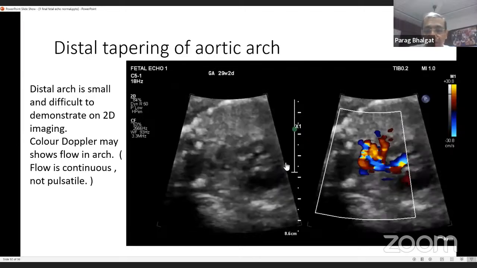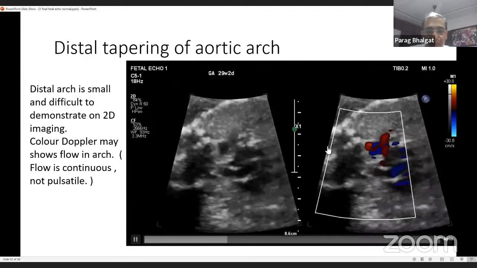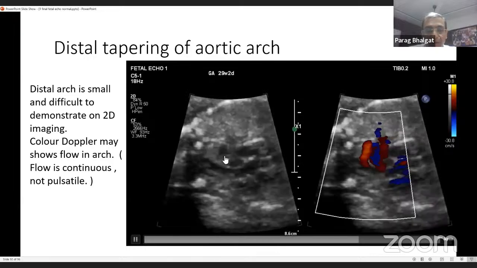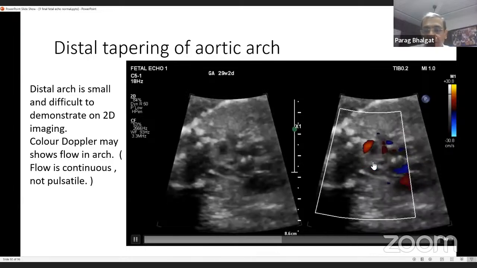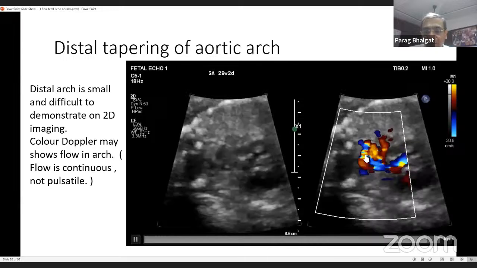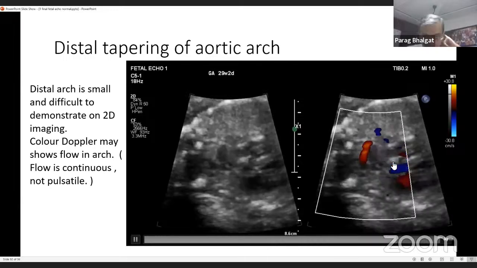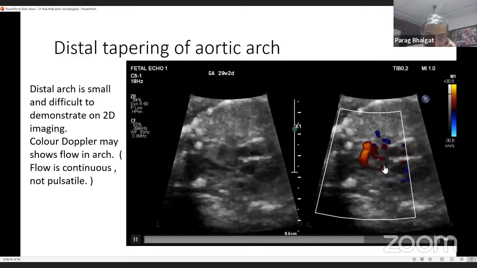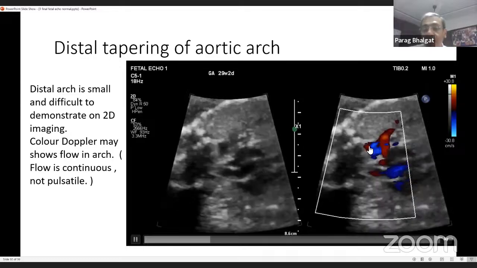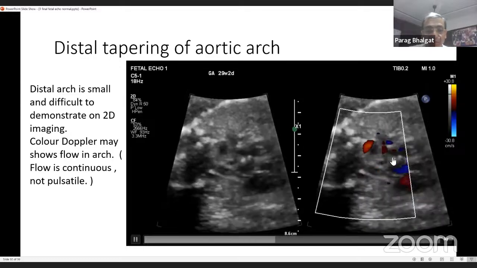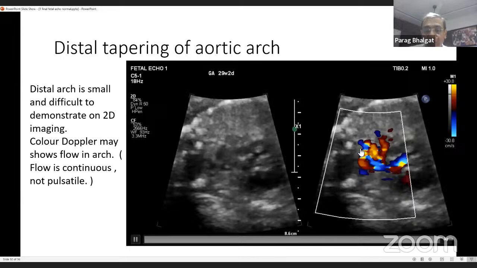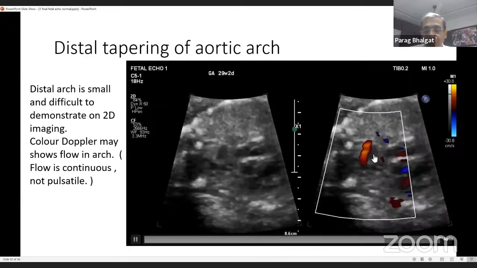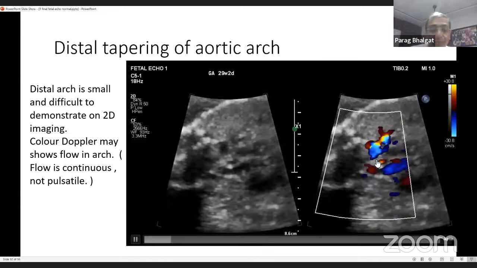And in this case, we are just barely able to trace the aortic arch with the color flow. So this continuous color flow that you see is the aortic arch flow, as against this, which is showing the MPA ductal flow. So this turbulent or slow continuous flow is aortic arch flow and ductal flow.